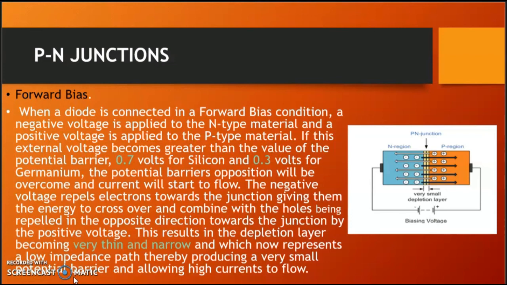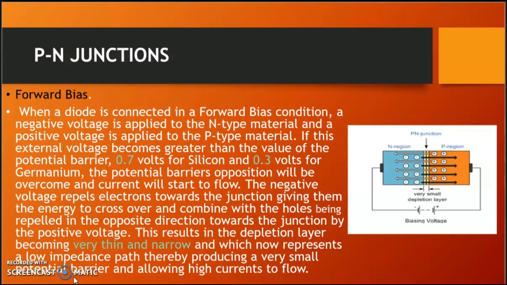The negative voltage repels the electrons towards the junction, giving them the energy to cross over and combine with the holes being repelled in the opposite direction towards the junction by the positive charge. So this will result in the depletion layer becoming very thin and narrow, which now represents a low impedance path, therefore producing a very small potential barrier and allowing high current flow.